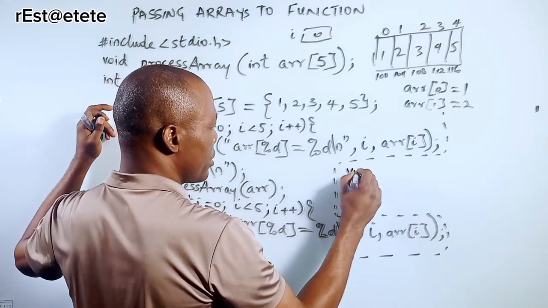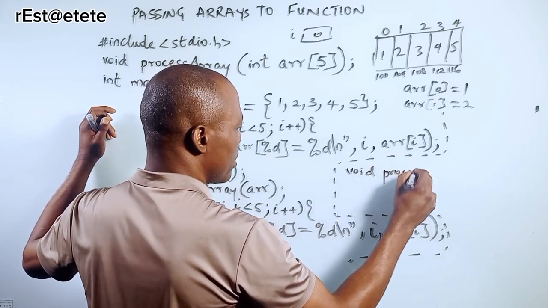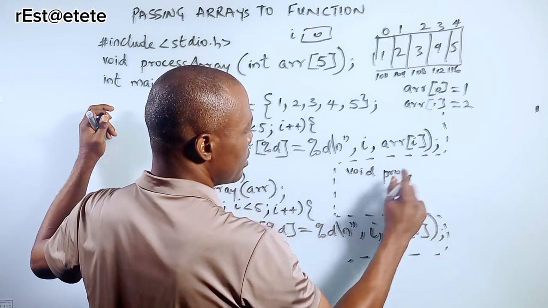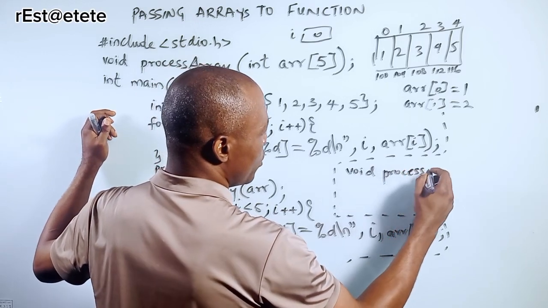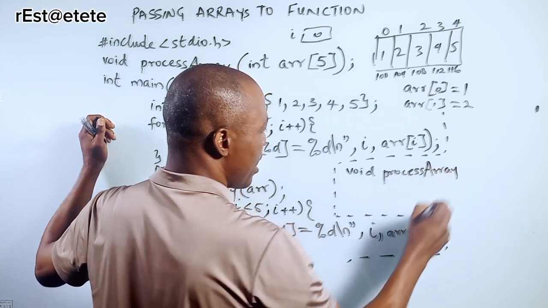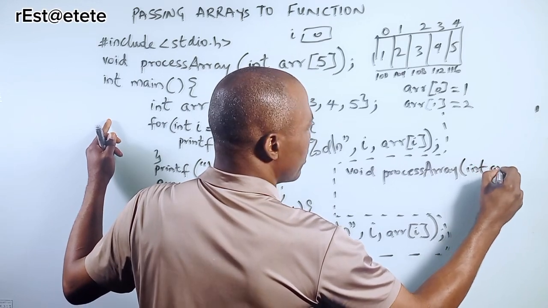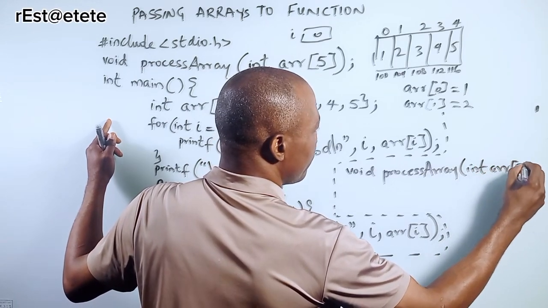So I'll say void process array, then int array 5.